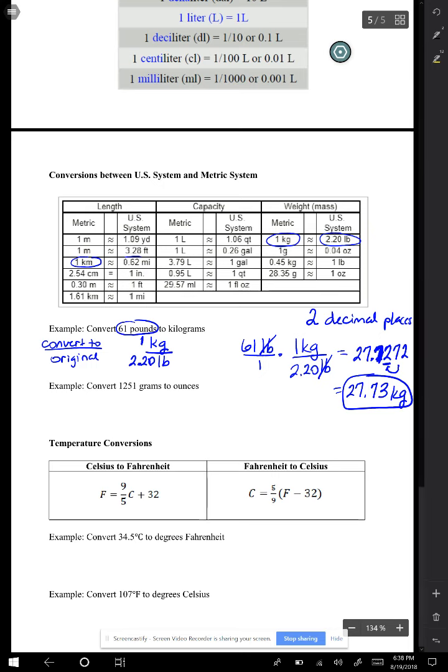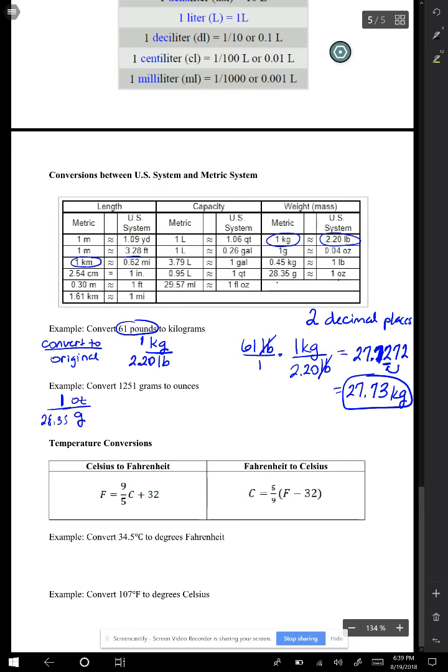Okay, the last one of these, we're going to be converting from grams to ounces. So I'm converting to ounces from grams. So I look at my conversion, and I see that 1 ounce is 28.35 grams.